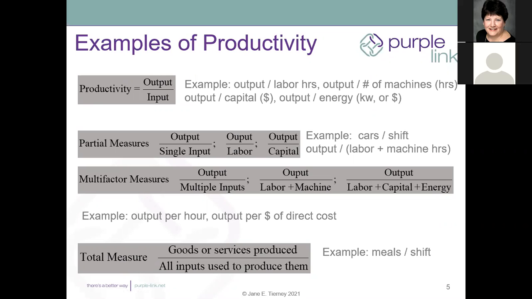Then they go as far as to add all of the dollars together. So they take the output and they divide it by the labor dollars plus the capital dollars plus the energy dollars. And that's good, but whether or not that ratio goes up or down, when you have that many items in the denominator, then it's really hard to tell which one is driving which. If your productivity is increasing, then is your output increasing, or are you decreasing the labor, the capital, the energy, any two of those, or all three of those?